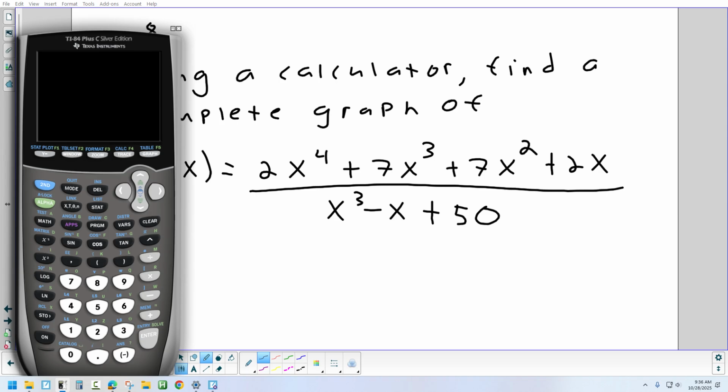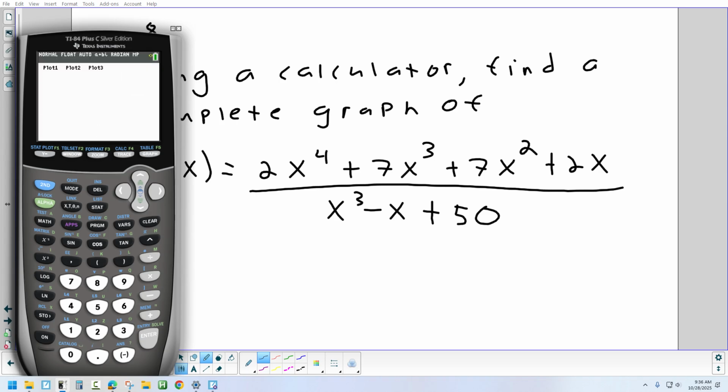So let's type it in. Put in 2x to the 4th plus 7x cubed plus 7x squared plus 2x. And we divide by x cubed minus x plus 50.